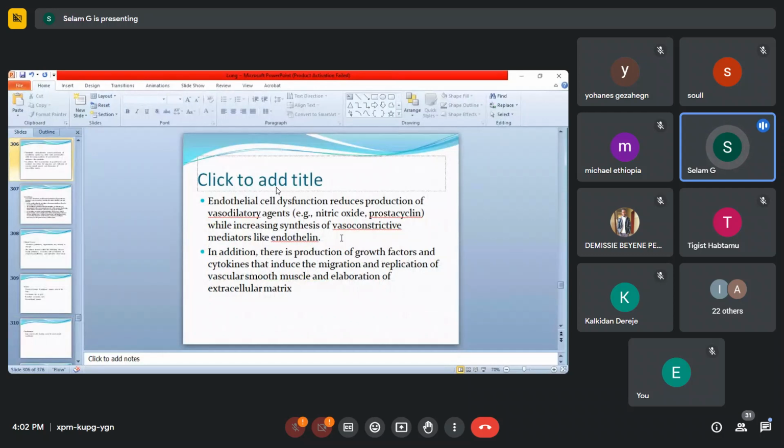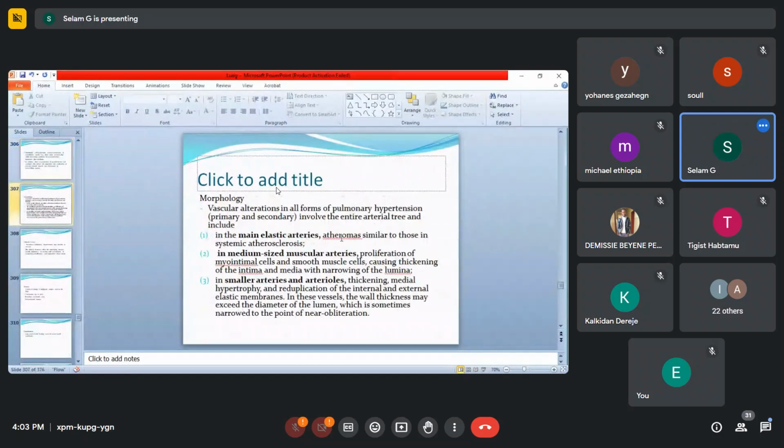Endothelial cell dysfunction reduces production of vasodilator agents like nitric oxide and prostacyclin, and increases synthesis of vasoconstrictive mediators like endothelin. In addition, there is production of growth factors that induce migration and replication of vascular smooth muscle cells and elaboration of extracellular matrix, all in all leading to increased pressure in the vessels.